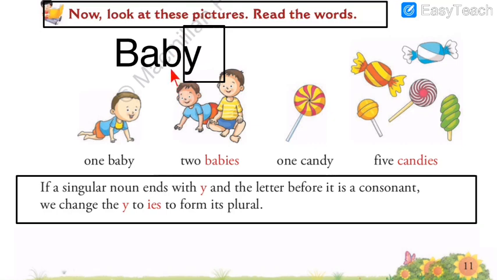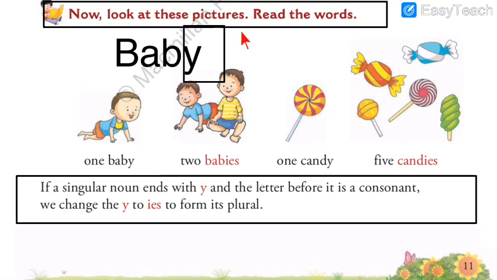Do you remember the article classes? Before this lesson we solved articles, correct? So B is not an article, it is a consonant, because A, E, I, O, U, if you remember, are the only 5 alphabets included in an article.